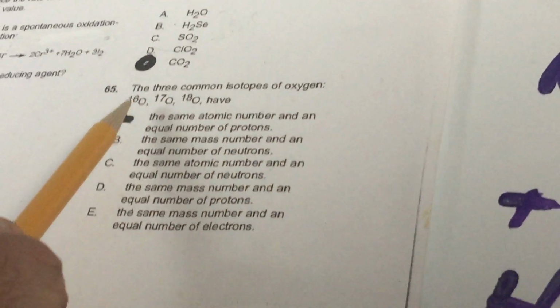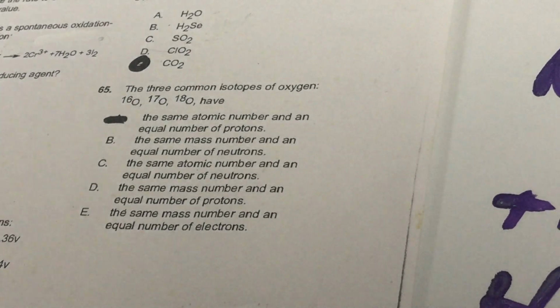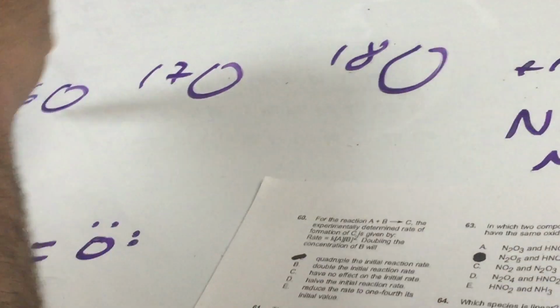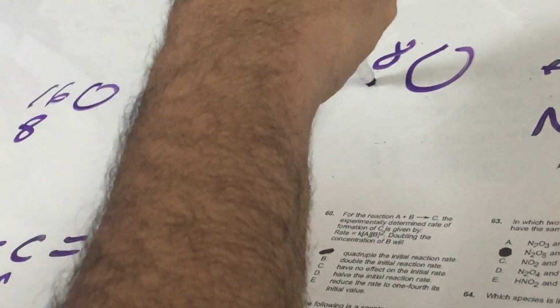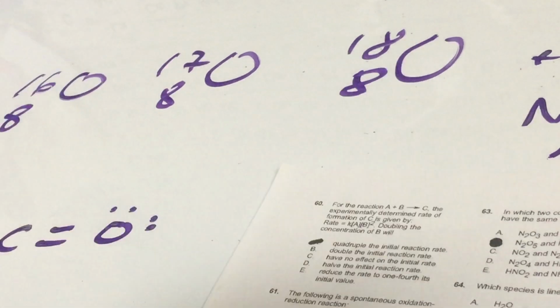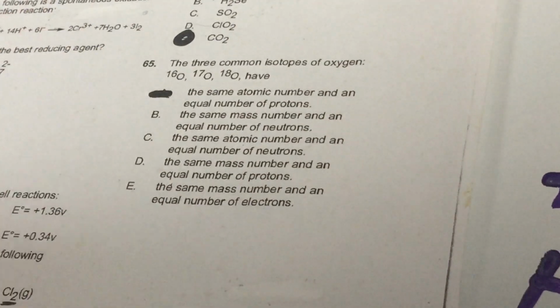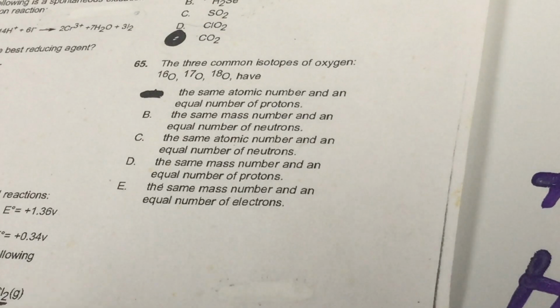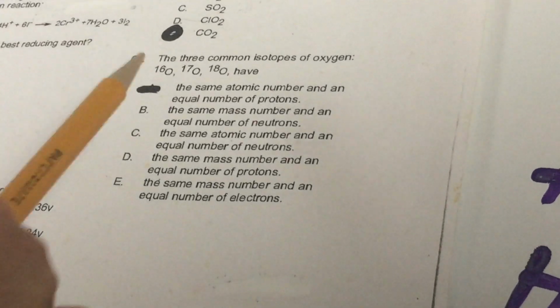The three isotopes of hydrogen are given. Now, the minute you're seeing 16O, 17O, and 18O, you would go to the periodic table, and you would see that the atomic number never changes. So I used to tell my high school students, when I used to teach high school kids, the atomic number is sacred. It never changes.